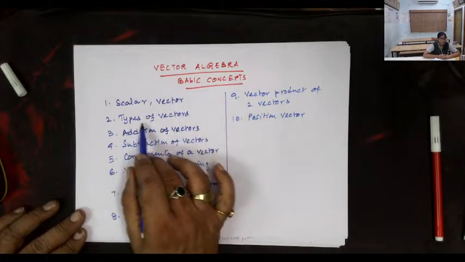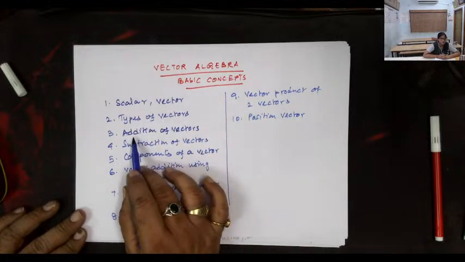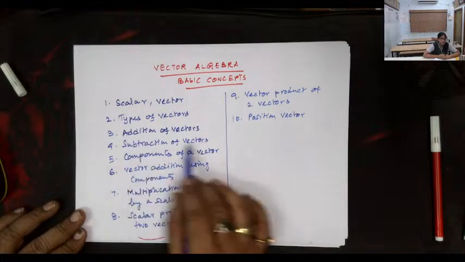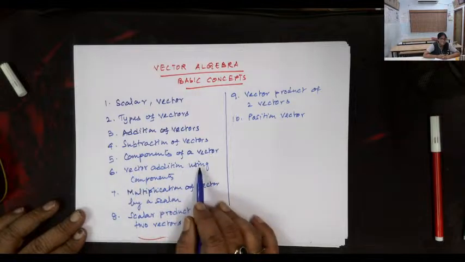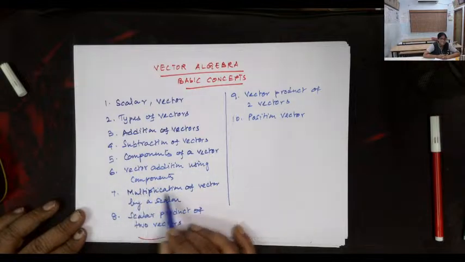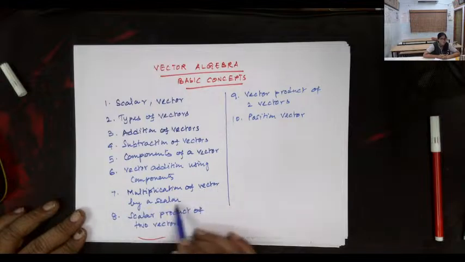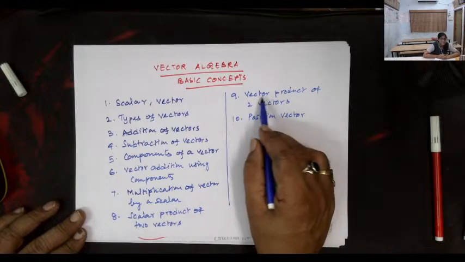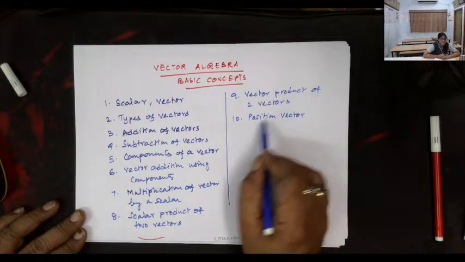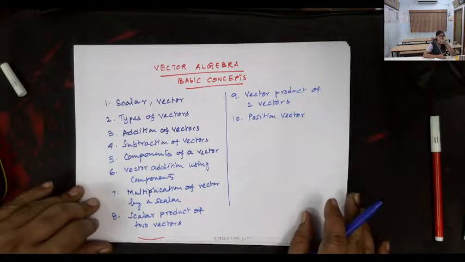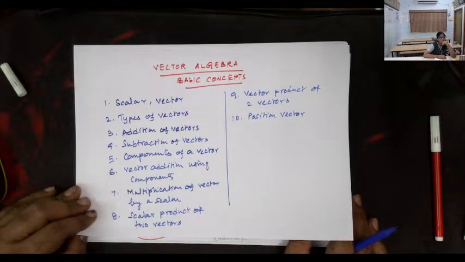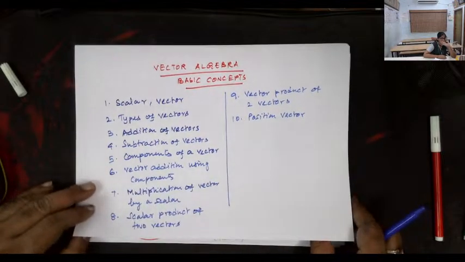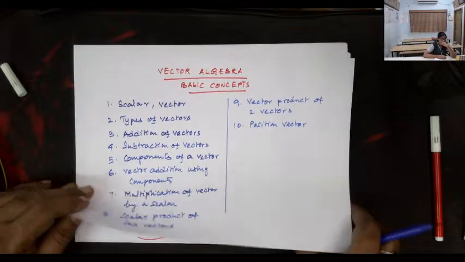Then different types of vector, addition of vectors, subtraction of vectors, components of a vector, vector addition using components, multiplication of vector by a scalar, scalar product of two vectors, vector product of two vectors, then what is position vector. So these are the 10 important concepts about vector algebra. This will be very useful in physics particularly.